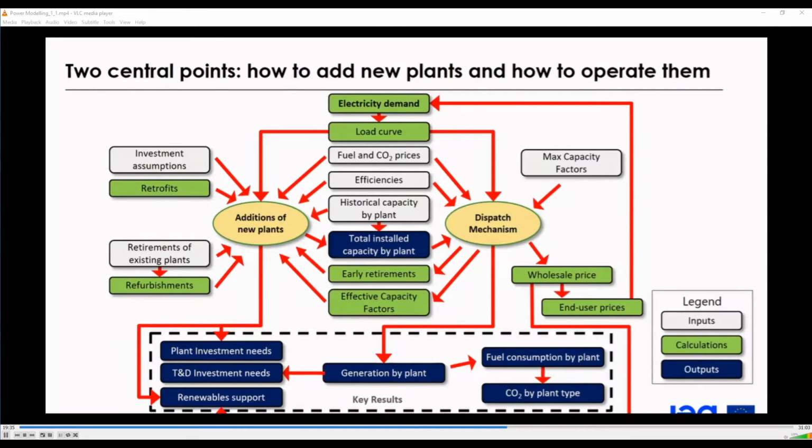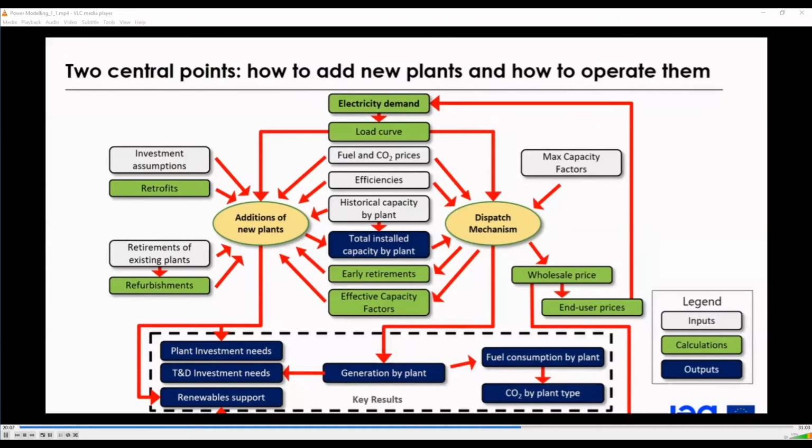If you look at this diagram, the main inputs to operate the plants are, of course, the installed capacity, which is an output of the capacity mechanism; outputs are in blue. Once we have capacity, the main drivers are fuel and CO2 price, efficiencies, historical capacity, and maximum capacity factors.